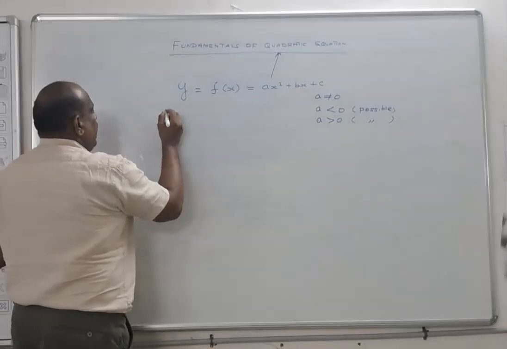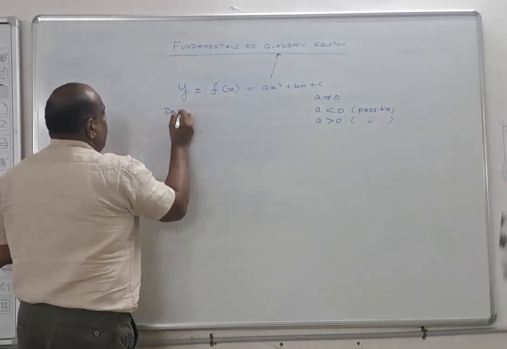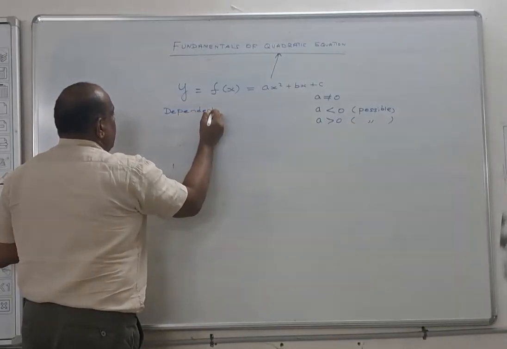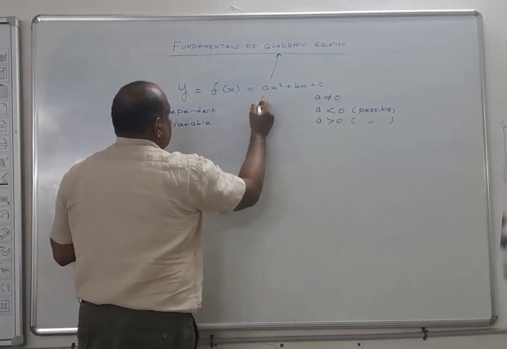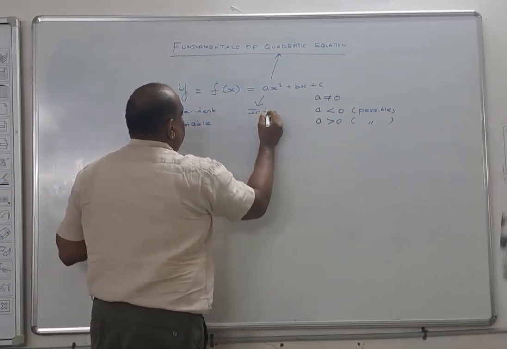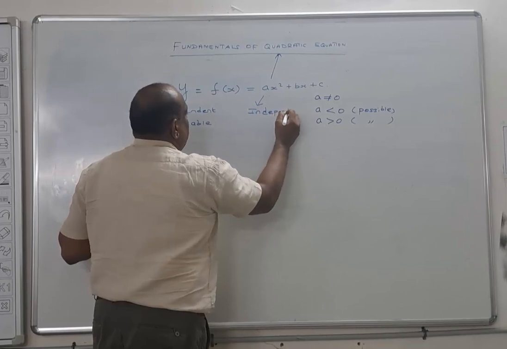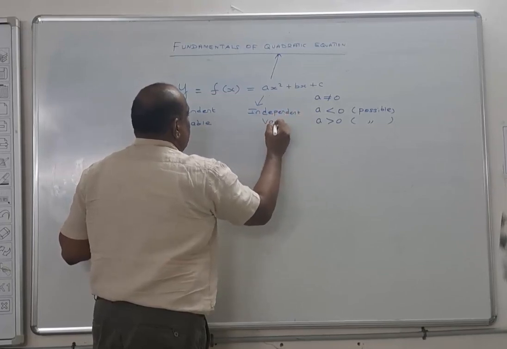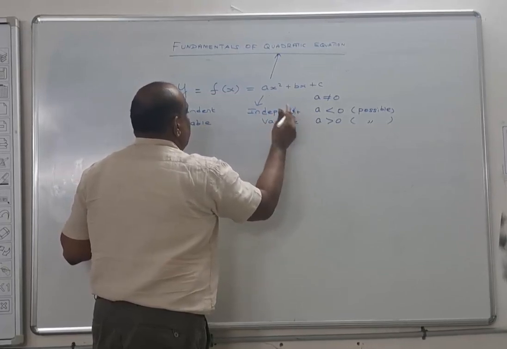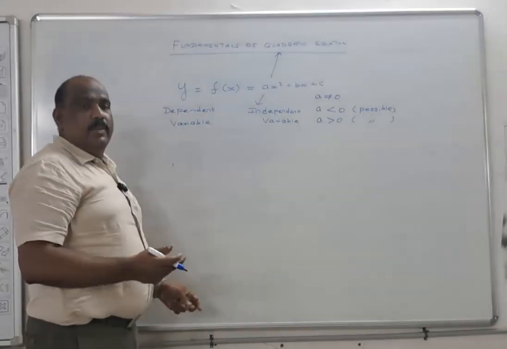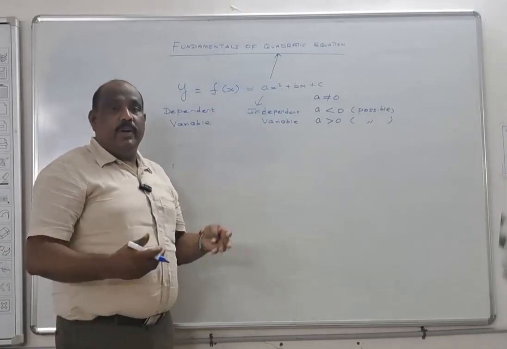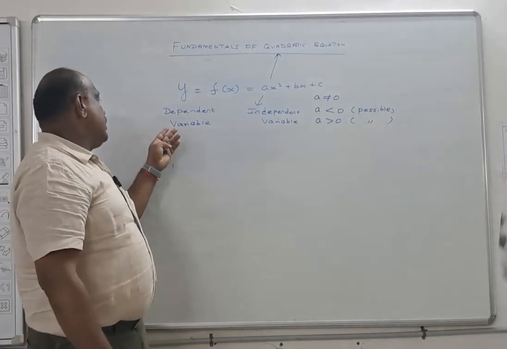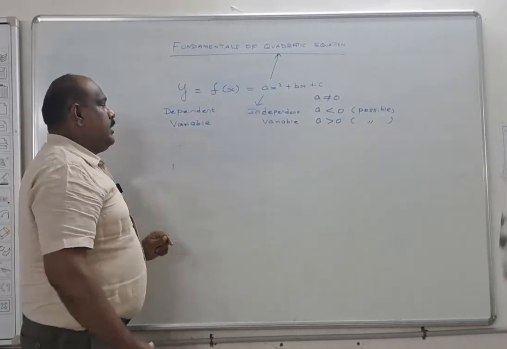Here the y variable is called the dependent variable and x is called the independent variable. x can take any value. Based on the value of x, you get the corresponding value of y. That is why we say y is a function of x. y depends on x, and hence y is the dependent variable and x is the independent variable.